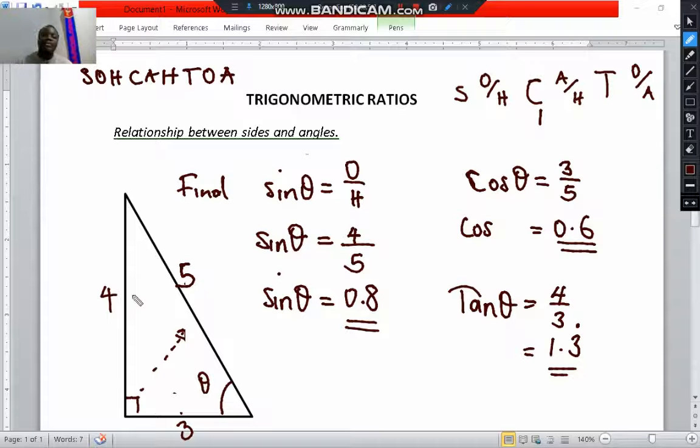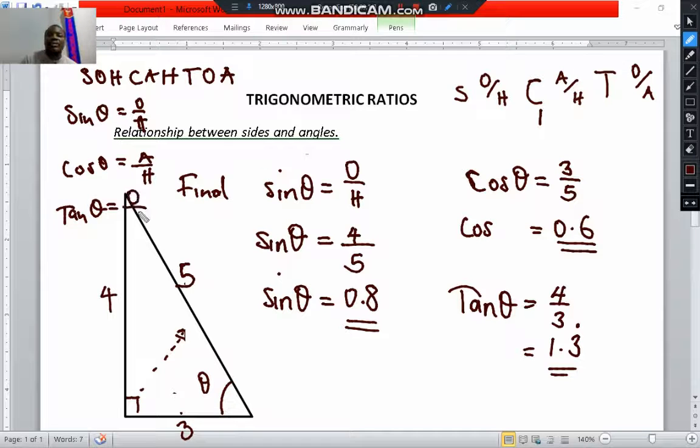It could be any of the two sides that we've got. So it is important that you remember that SOHCAHTOA means sine theta equals opposite over hypotenuse. Cos theta means adjacent over hypotenuse, and then tan theta means opposite over adjacent.